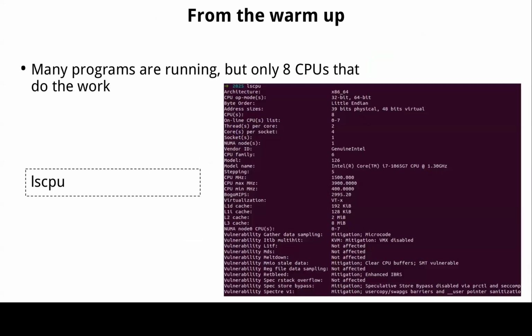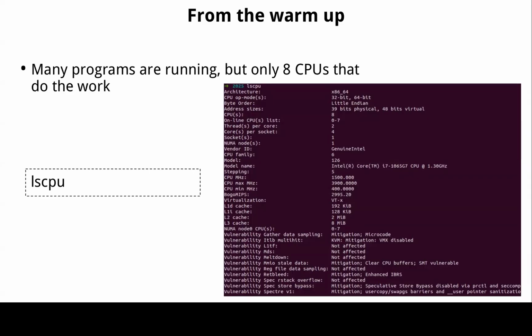So this is how many CPUs I have on my laptop. I do an lscpu. I can see that I have an x86 CPU. It supports 32-bit and 64-bit. The physical address space is actually only 39-bit. Virtual address is 48-bit.